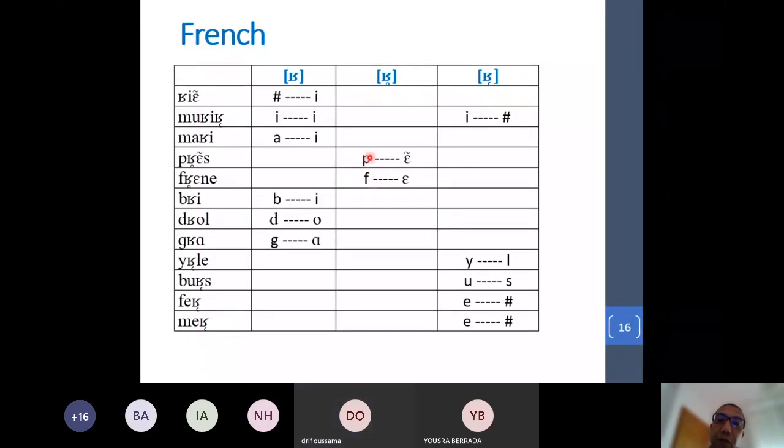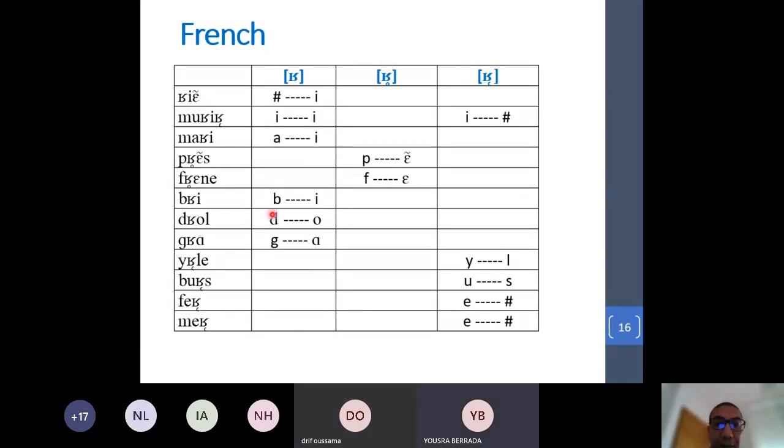We have here voiceless consonants, and the voiceless consonants p and f are the ones that trigger the devoicing of the sound. So the devoiced variant occurs after voiceless sounds. The left environment is very important for this variant.